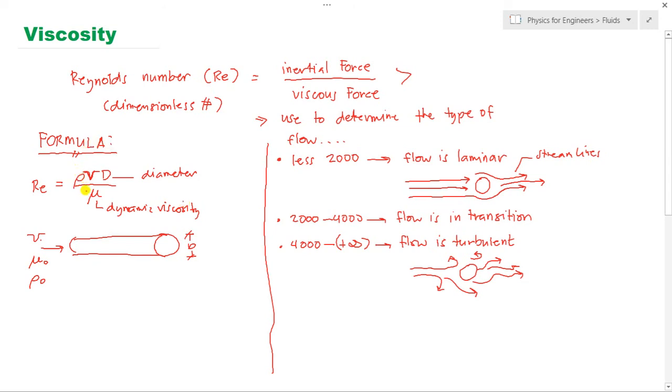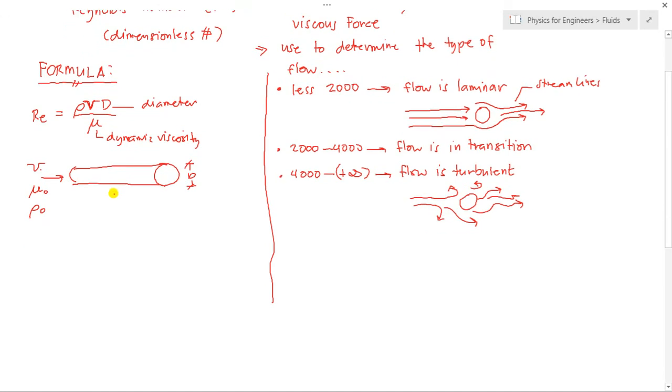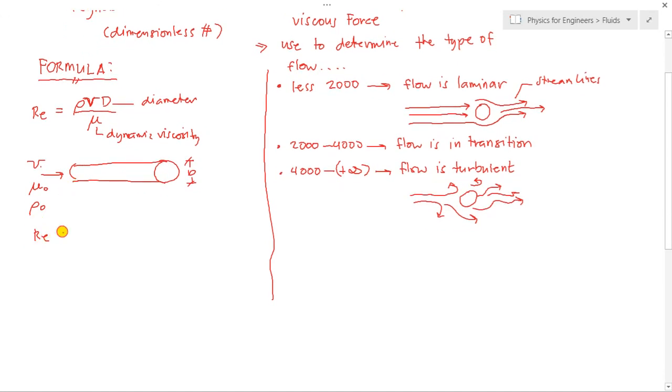Basically mao na siya ang Reynolds number, but ang Reynolds number can also be expressed in terms of kinematic viscosity. Why? Because we know that the kinematic viscosity nu is equal to the ratio of the dynamic viscosity over the density.